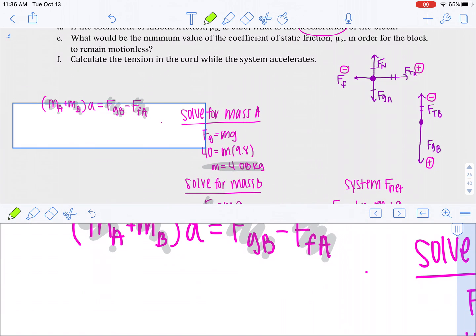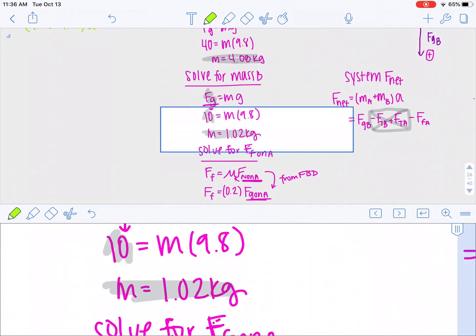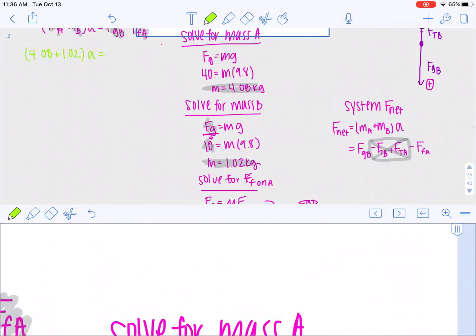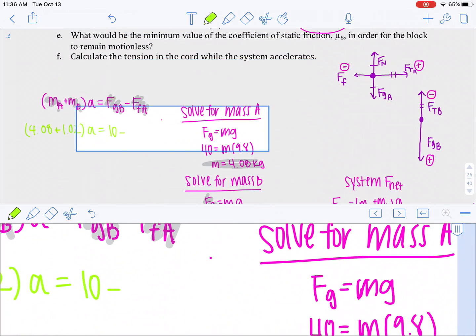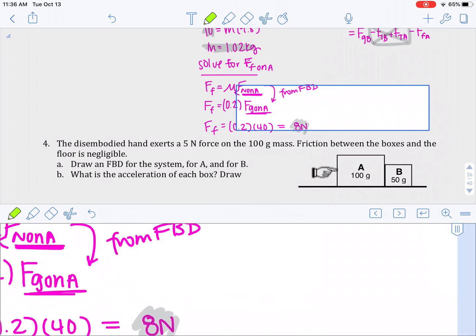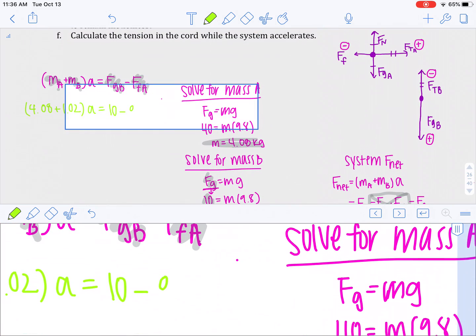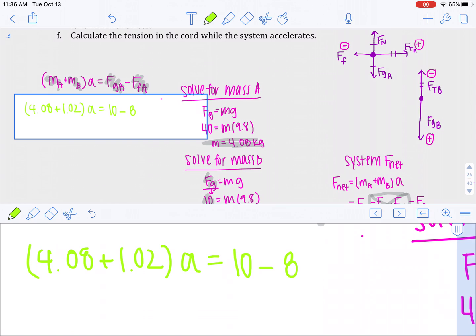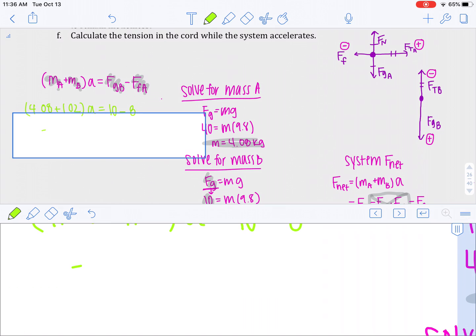So mass of A is 4.08 kilograms. Mass of B is 1.02 kilograms. Force of gravity of B is 10 newtons. Force of friction on A is 8 newtons. And then I can solve for this problem. 4.08 plus 1.02 would be 5.1 kilograms. 10 minus 8 will be 2.